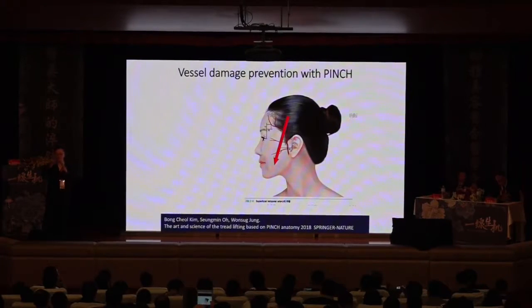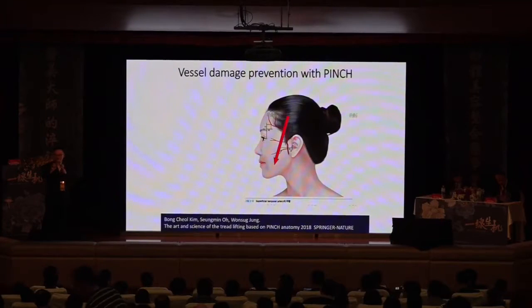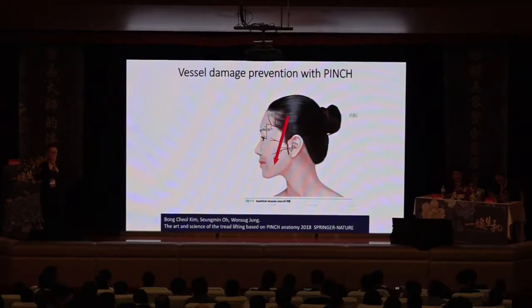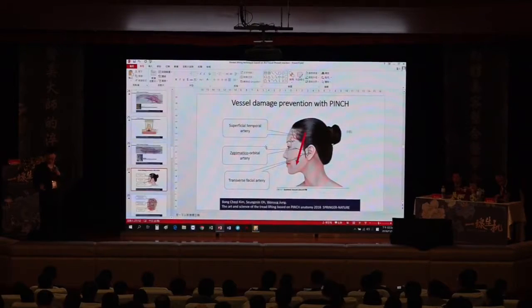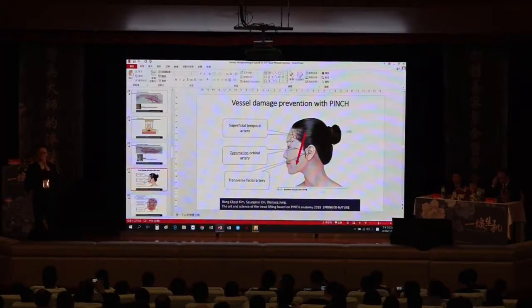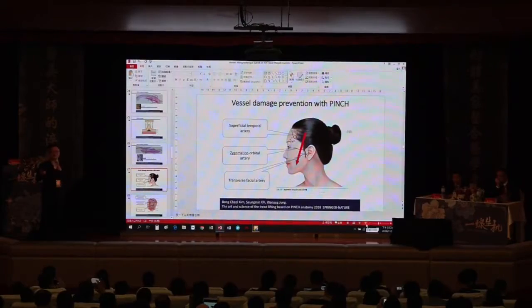So, if you pinch it softly, evaluate the thickness of the subcutaneous pad and advance smoothly, no vessel damage is possible. And if you do a thick pinch, then advance deep, you can pass under the superficial temporal fascia.